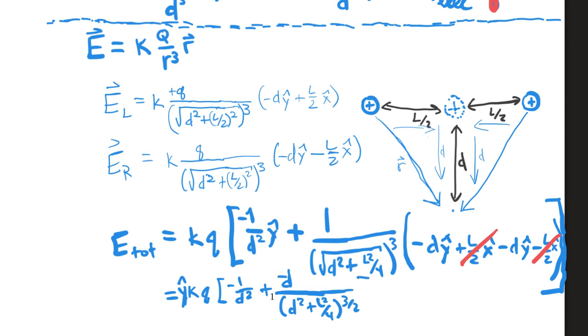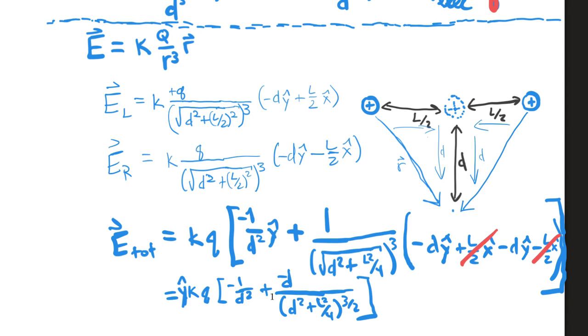And this is our entire expression for the total electric field, which is in the negative y hat direction, which sort of makes sense, because you have a bunch of positive charges up here. The field lines are going to point downward away from them. And so right here, we have an electric field that's downward.